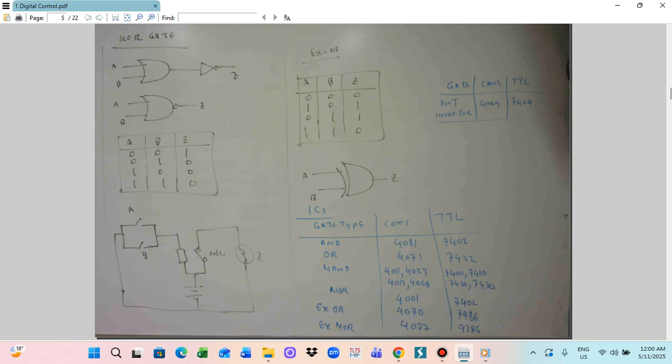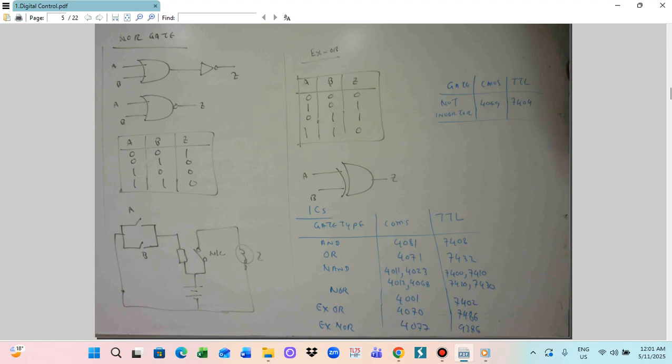For the TTL, you can utilize the 7400, 7410, 7420, 7430. And you can also utilize the NOR gate. For the NOR gate, CMOS uses 4001, but for the TTL use 7402.